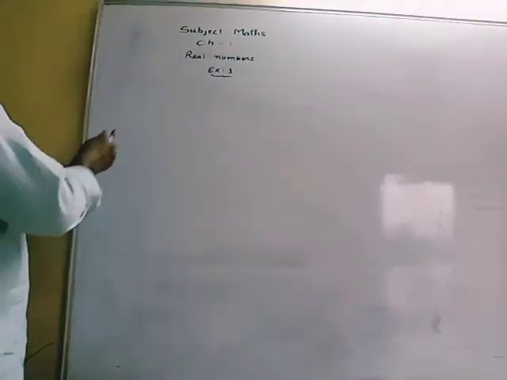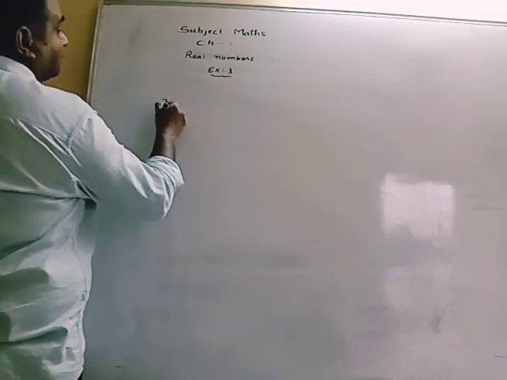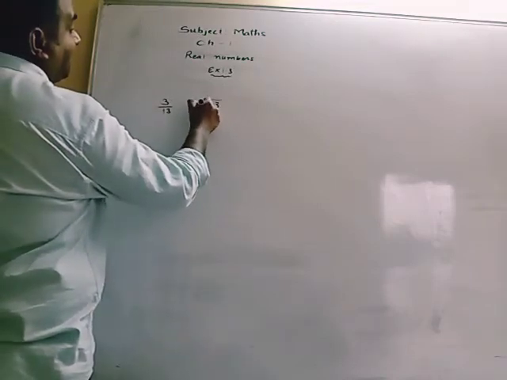Now it is given 3 by 13. So 3 divided by 13.